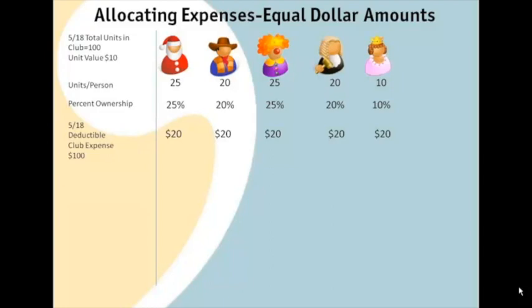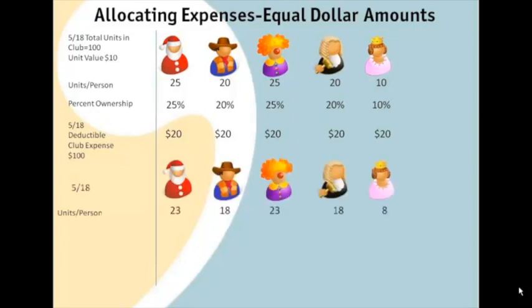You would check per partnership exception on the expense entry form, and $20 worth of units, or 2 units at $10 each, would be removed from each person. After the expense was entered, each person would own this many units. As you can see, this would also change their percentage of ownership in the club. While some may consider this method of allocation equal, members with lesser ownership percentages are bearing more of the brunt of the expense.